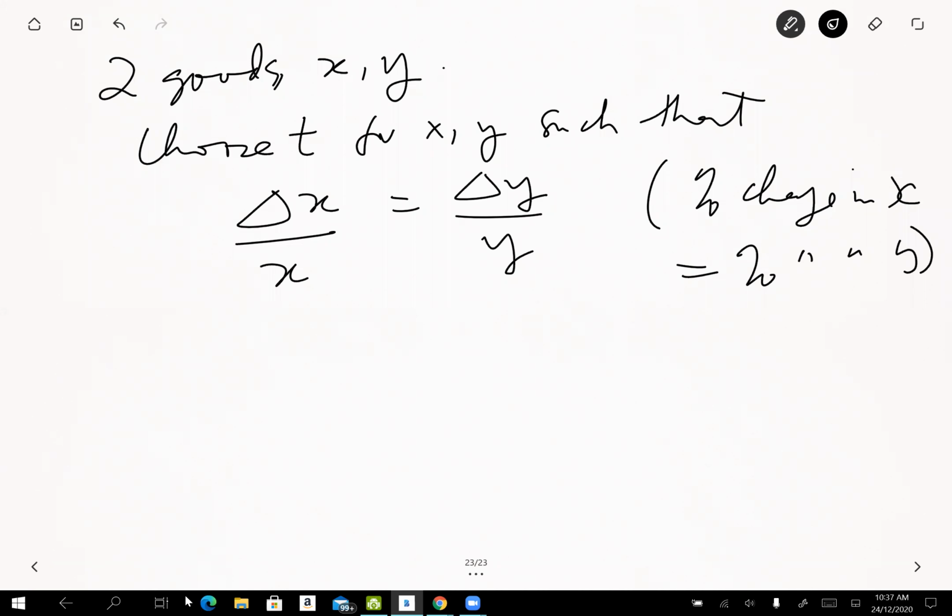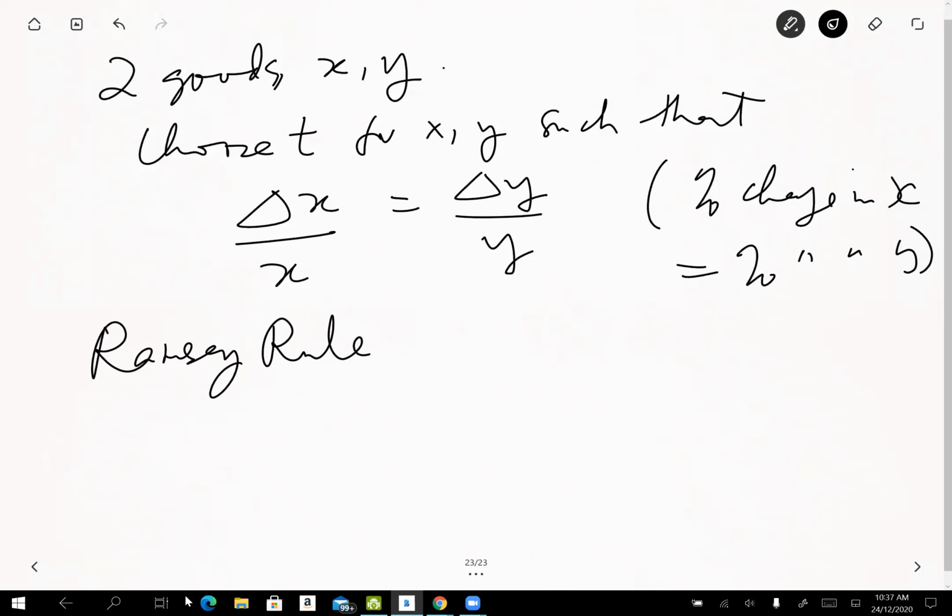So we call this, apa kita panggil apa benda ni? Kita panggil benda ni, ada nama dia. Okay, this is called the Ramsey rule. Ramsey rule by the name of the economist, Ramsey. So if you Google this Ramsey, he is a good economist. He doesn't live that long.